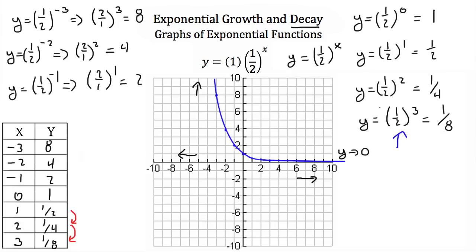Now that my b is 1/2, I have an exponential decay problem. Whenever your b is greater than 1, you're going to have a growth. Whenever your b is a fraction, or between 0 and 1, you're going to have a decay.